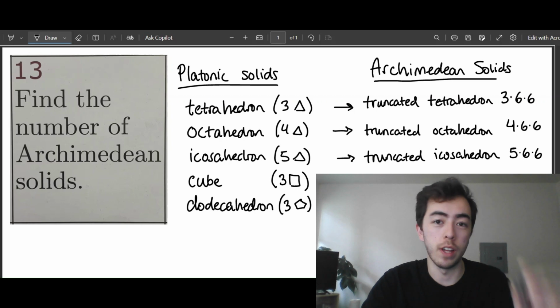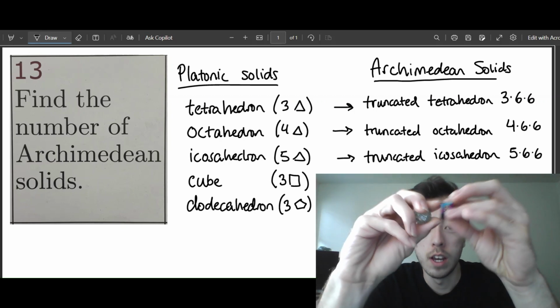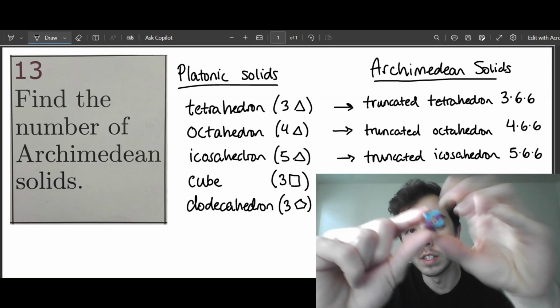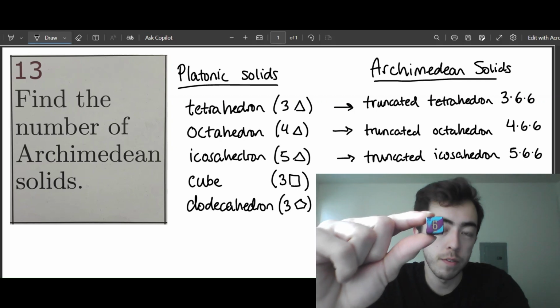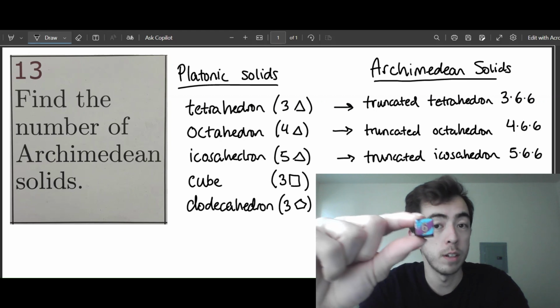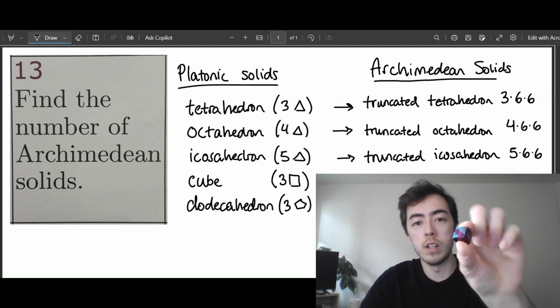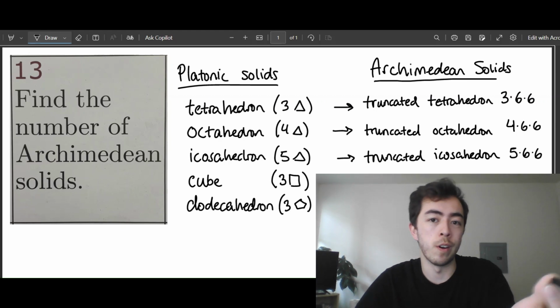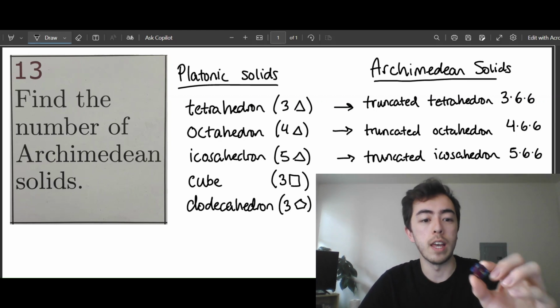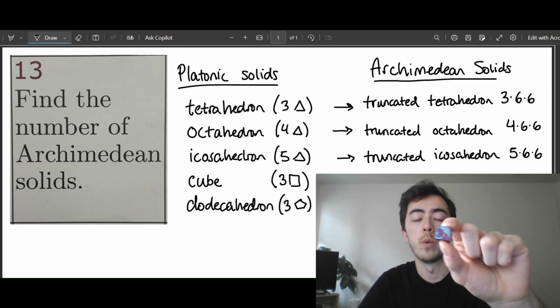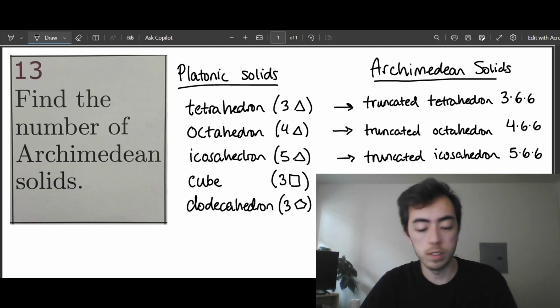Likewise, we can also truncate our other two platonic solids. If you truncate the cube, you can imagine cutting off all of these little corners. And so the square face is going to turn into an octagonal face. And then we could cut it off the right way so that all of the 6 square faces turn into octagonal faces. And all of our current vertices, the corners, will turn into equilateral triangles.